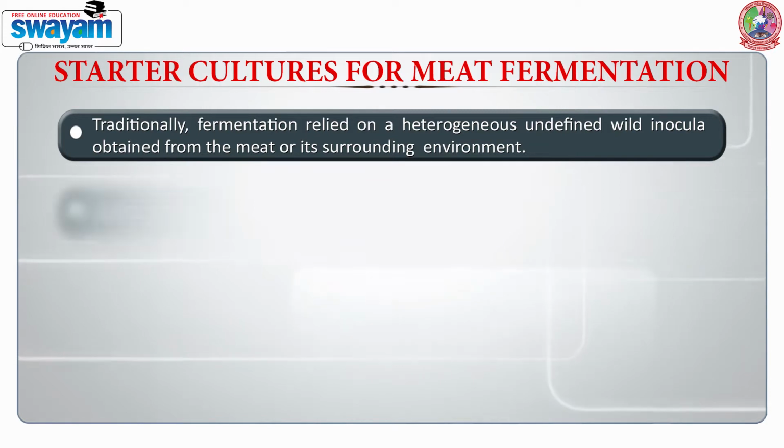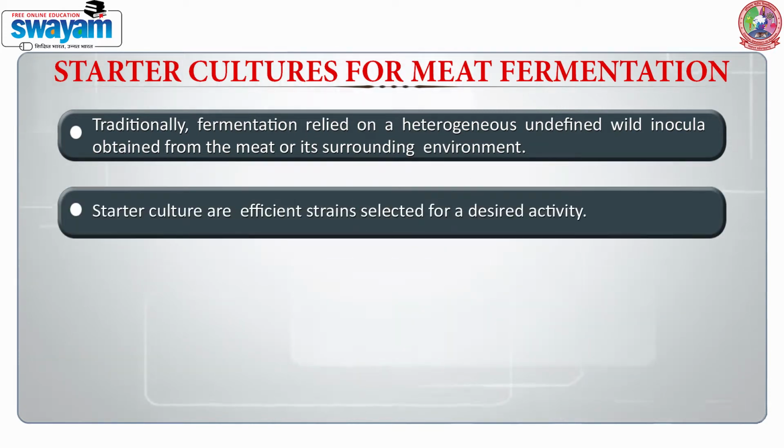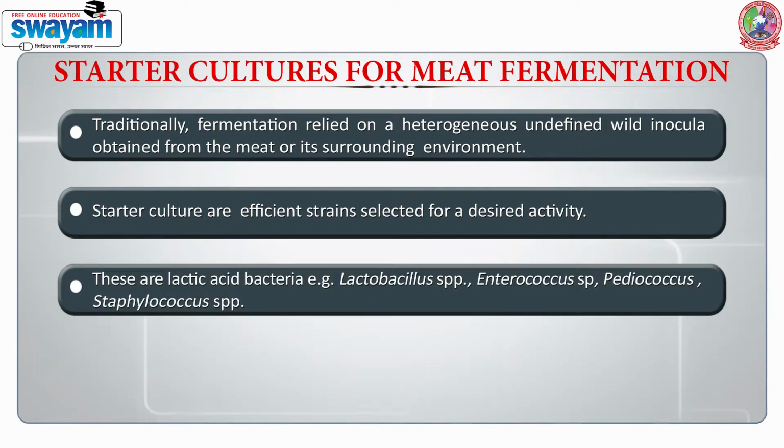Later on, starter cultures were utilized, and these starter cultures are efficient strains selected for a desired activity. These are lactic acid bacteria, for example, Lactobacillus species, Enterococcus species, Pediococcus, Staphylococcus species.